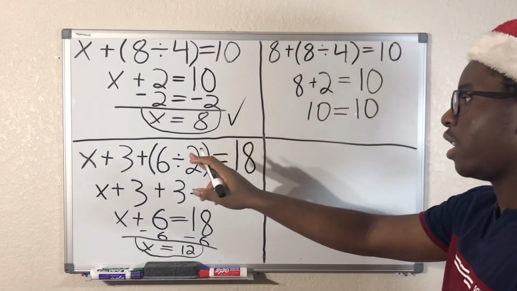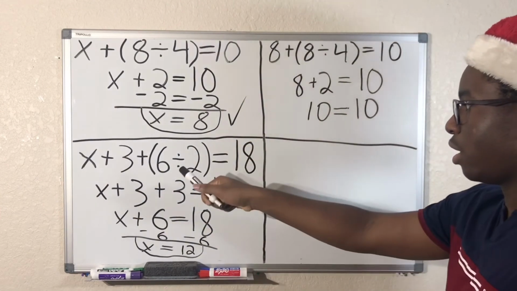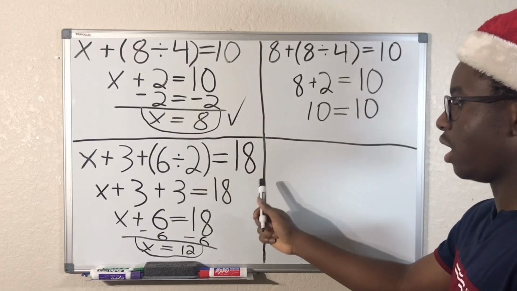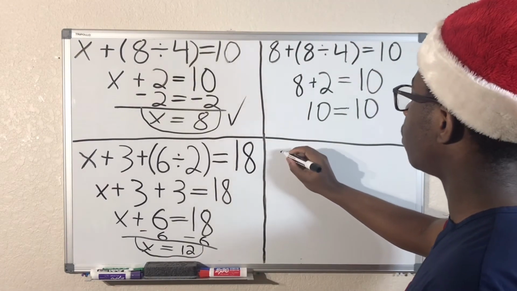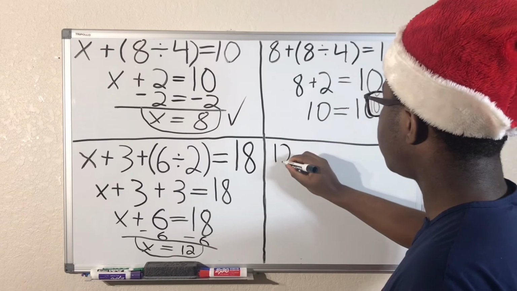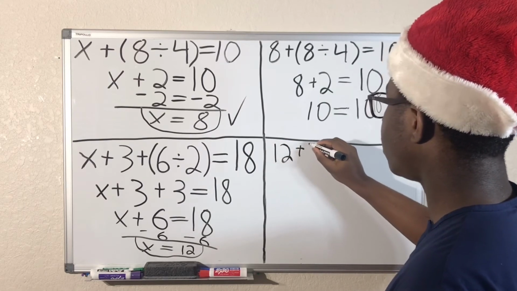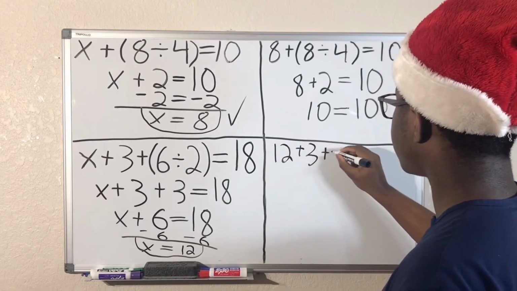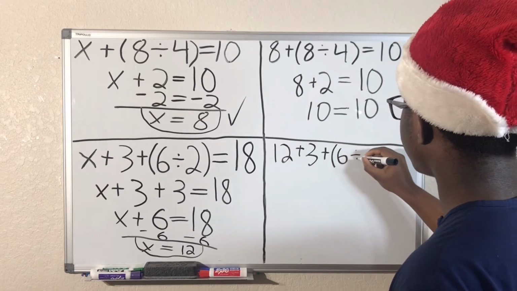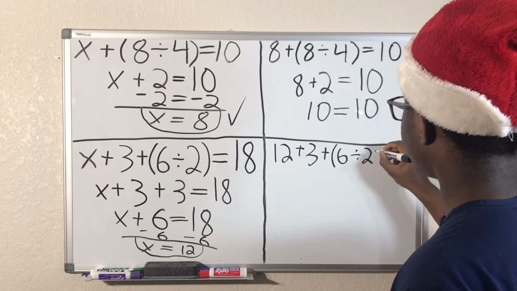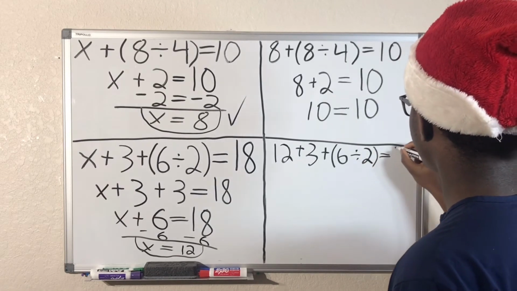Now we have x plus 3 plus (6 divided by 2) is equal to 18. Our answer was 12. So we're going to plug in 12 for x. So we have 12 plus 3 plus (6 divided by 2) is equal to 18.